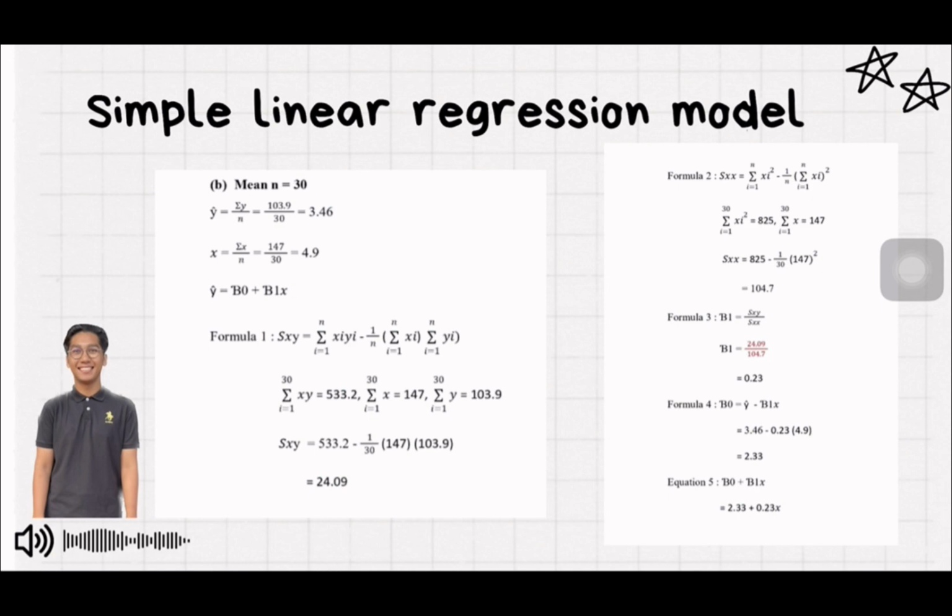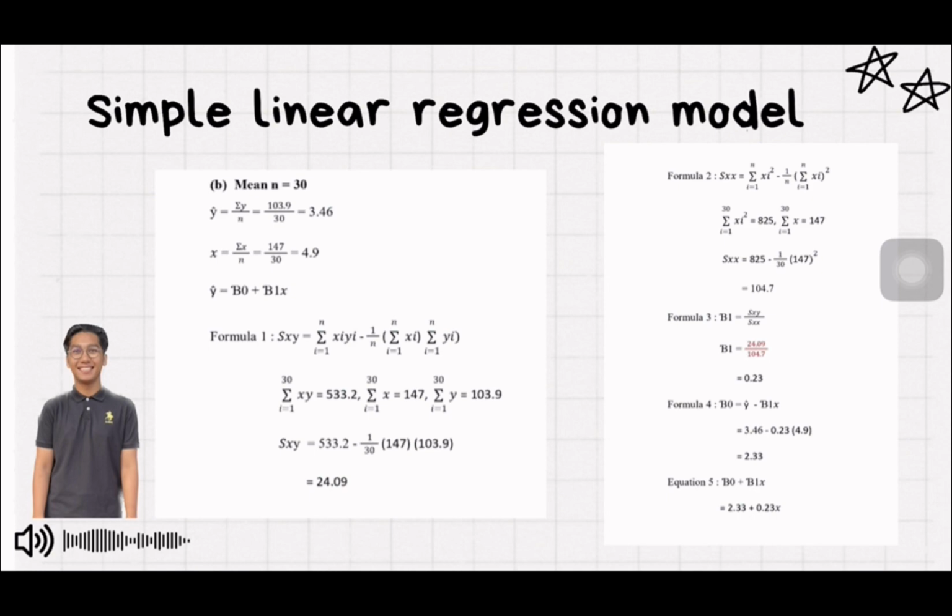Next, summation of x equals 147, and the last one is summation of y equals 103.9. Then Sxy equals 533.2 minus 1 divided by 30, open bracket, 147, close bracket, open bracket, 103.9, close bracket, and the final answer is 24.09.